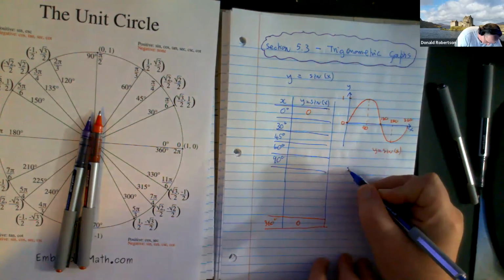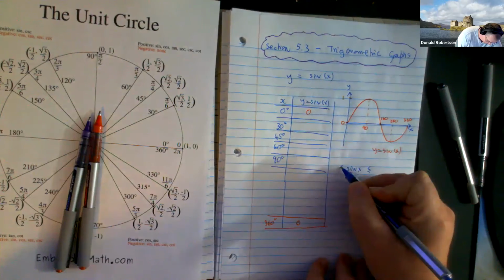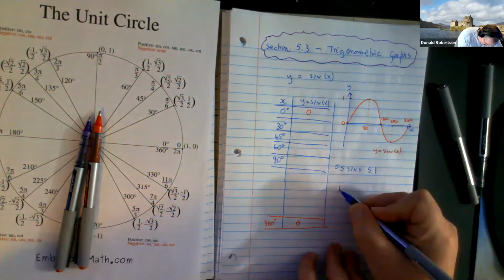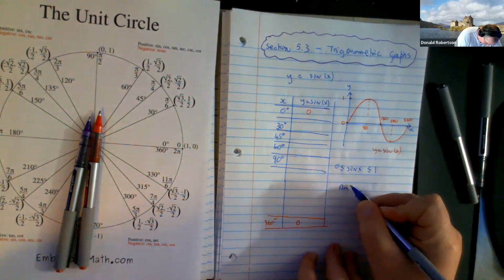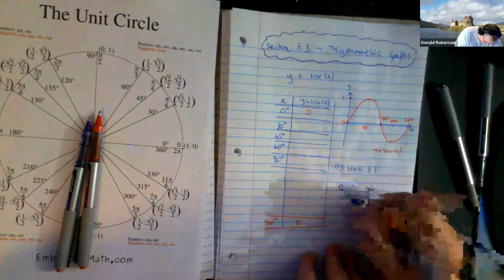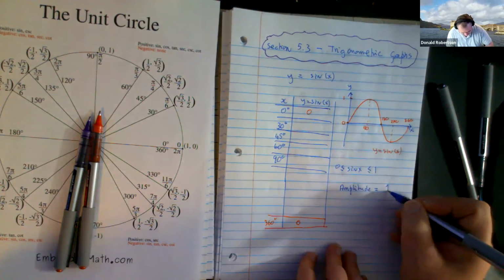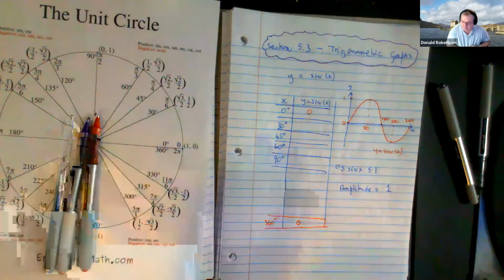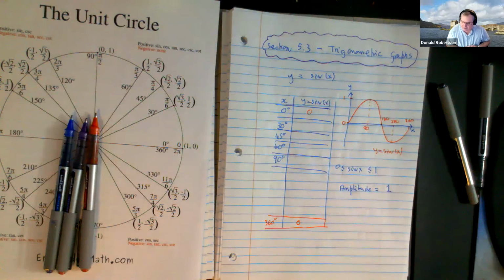Sine of x is always in the range -1 to 1. Now, the height that one of these curves gets to is called the amplitude. So in this case, the amplitude is 1. So far, so good.